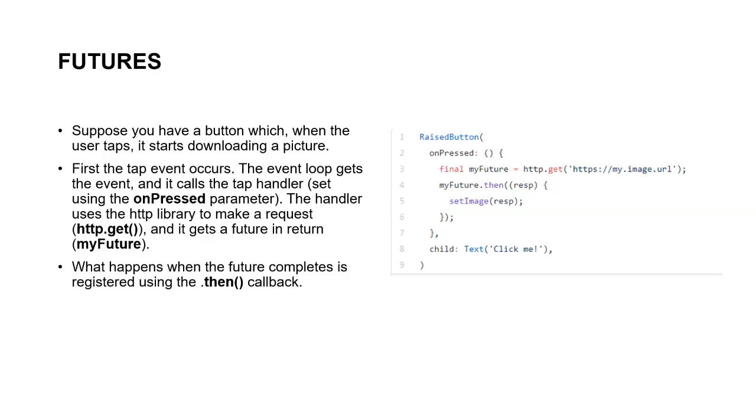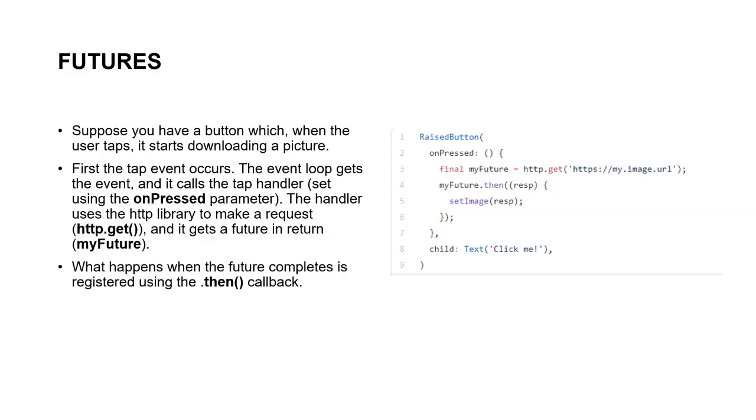So the first thing you do is tap the button. The event loop gets the event and calls the tap handler. The tap handler is what you have registered with the onPressed parameter, like what happens when I press this button. The handler, which is the callback, uses the HTTP library to make a network request call. Then the HTTP call gets a future in return.